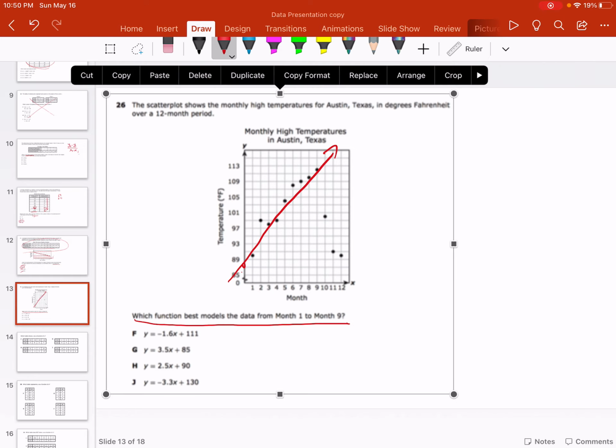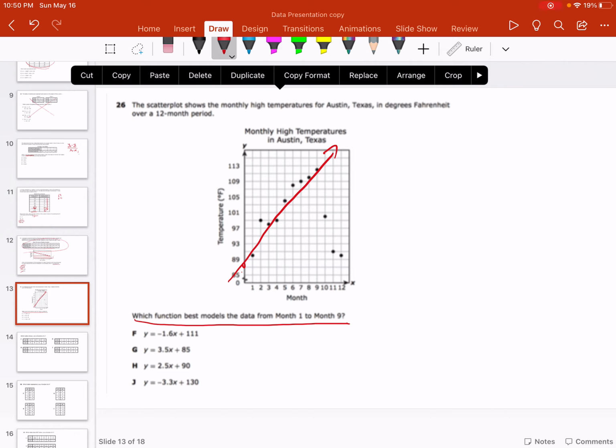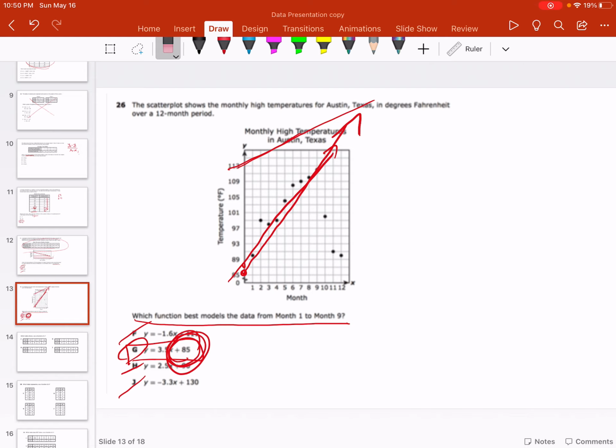It's somewhere below 89, right? So it cannot be 90. It cannot be 130 because 130 starts from here. It cannot be 111 because it's gonna be over here as well. So it should be G. So if you graph it, 3.5x plus 85, this y-intercept 85 starts from somewhere here, right? And then the graph goes up. That's why it's H.